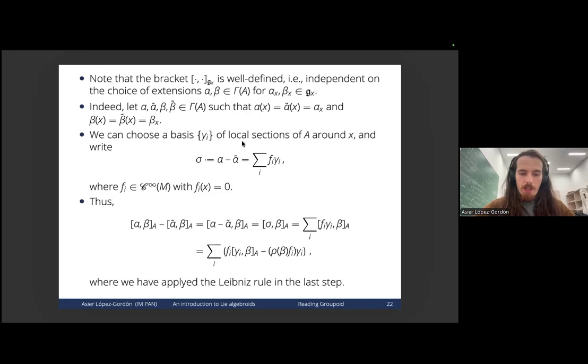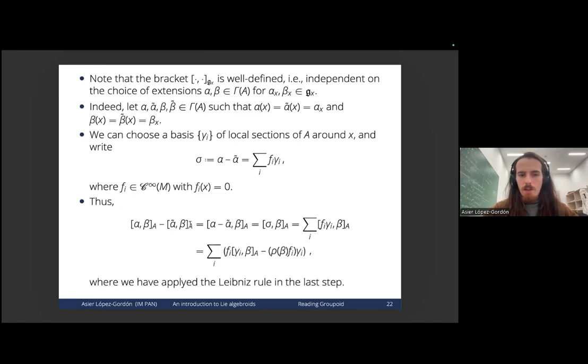Since we have a vector bundle of any dimension, we can consider a local basis of sections, and this allows us to write any section as a linear combination of elements of the basis. So in particular, we can consider the section sigma given by the difference between the sections alpha and alpha tilde. Of course, this is a section that vanishes at the point x, that is, all the components f_i are smooth functions that vanish at x.